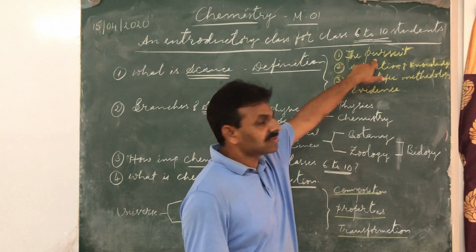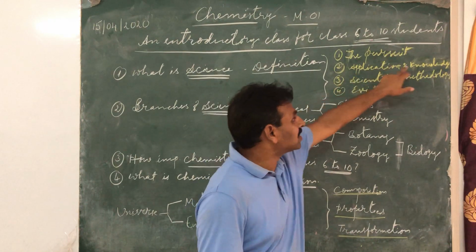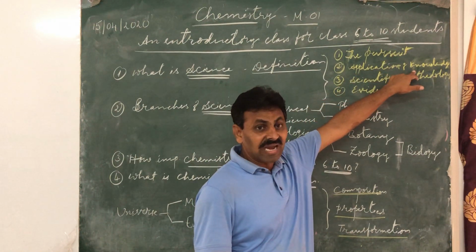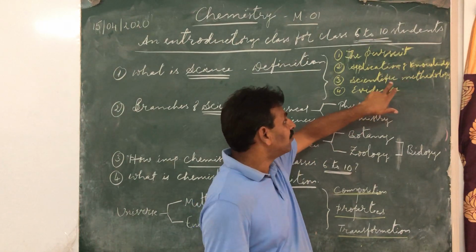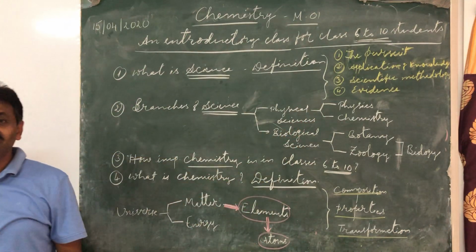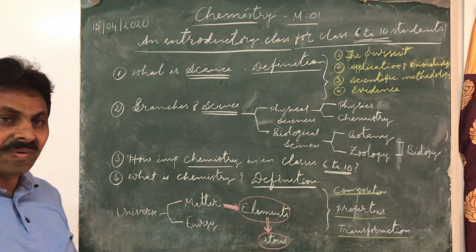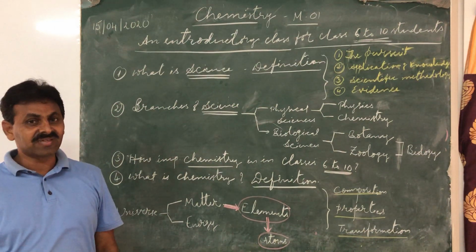Science is the pursuit, that is, in search of something new, and application of knowledge and understanding of the natural and social world, following scientific methodology on the basis of evidence. Simple. So this is the comprehensive definition for science.